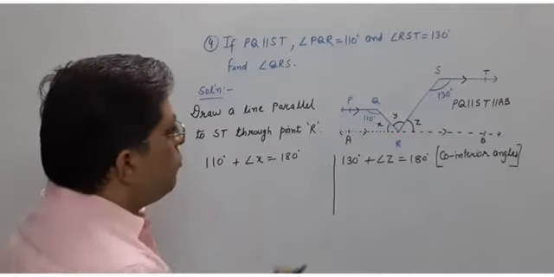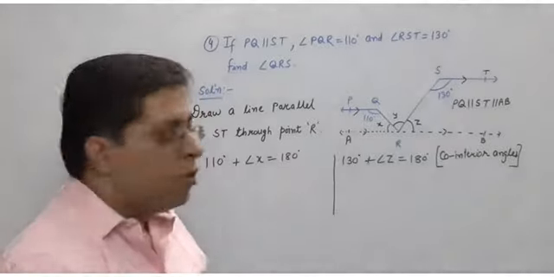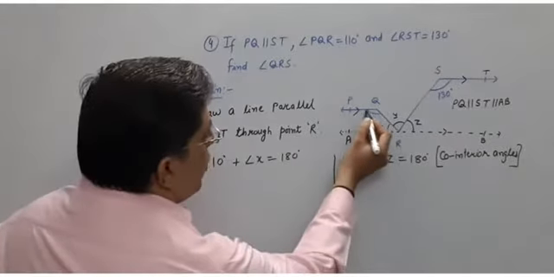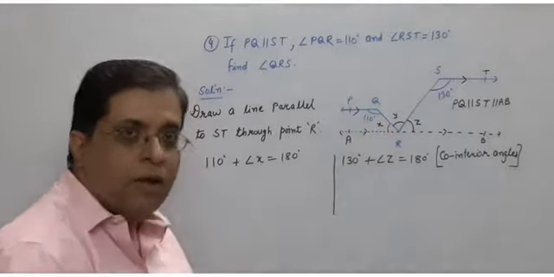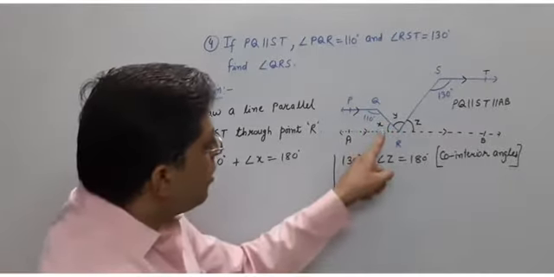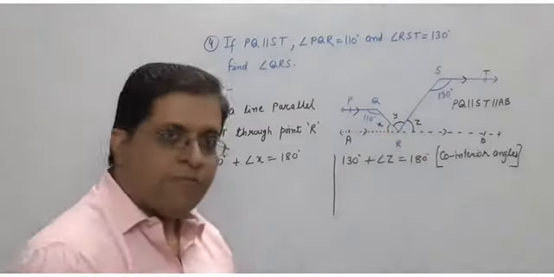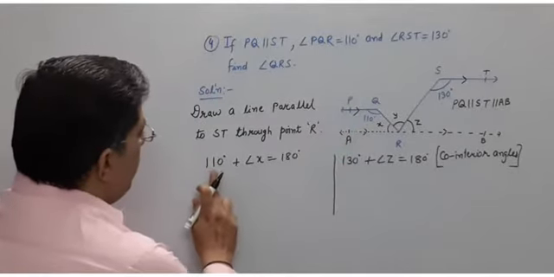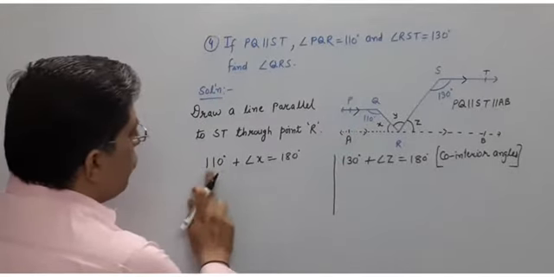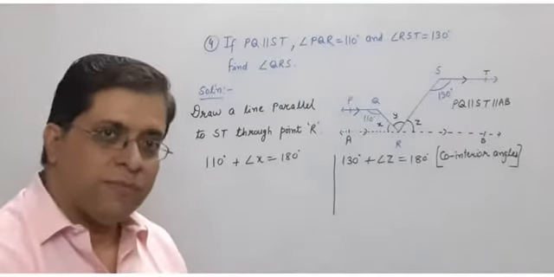Now see, PQ is parallel to AR. These types of angles are called co-interior angles. Let's say this angle is X, this is Y and this is Z. We know that the sum of co-interior angles is always 180 degree for parallel lines.